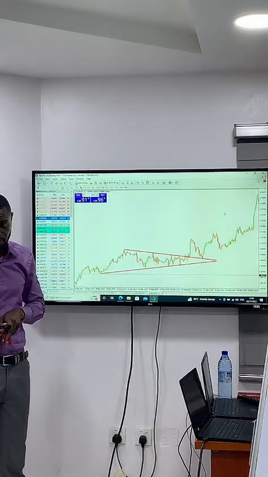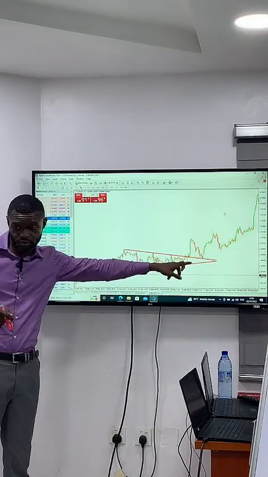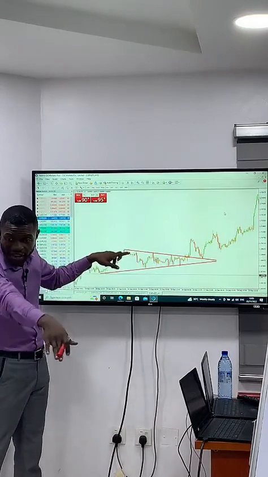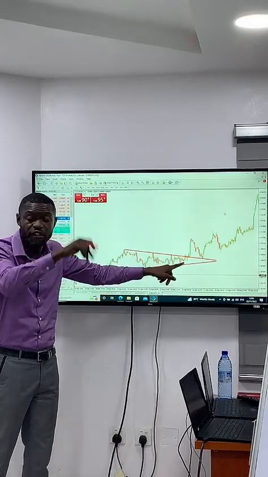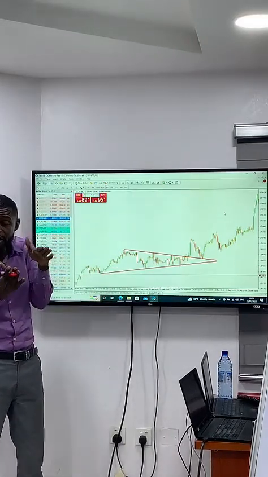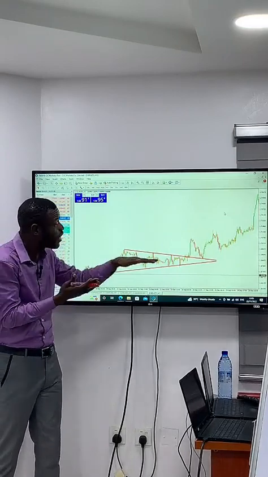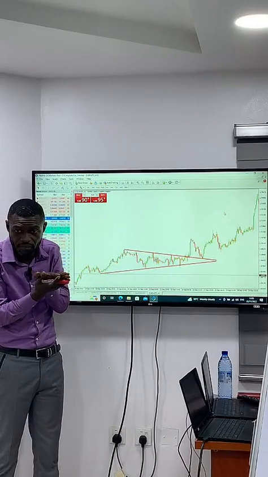But that is not true. The way to judge it accurately, while you are looking at the highs, you should also look at the lows. The high is making what? Lower highs. What is the low making? Is it making higher lows? If it's giving us higher lows, then probably it is giving us a symmetrical triangle, which might be a bullish variant that might be a trend continuation pattern.